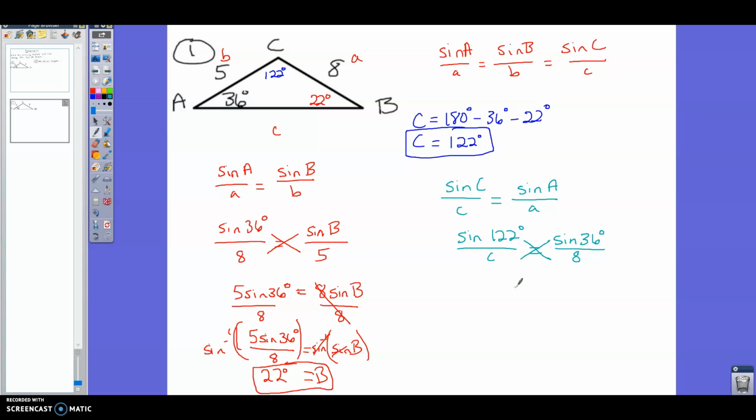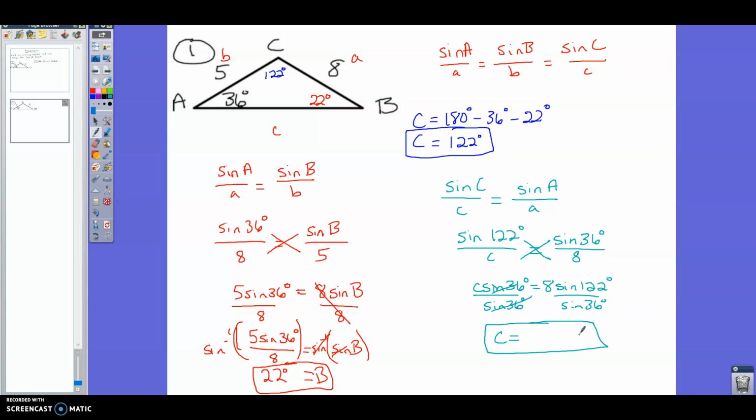So we're going to cross multiply and divide. So we divide both sides by sine of 36. Those cancel, and we get C equals.